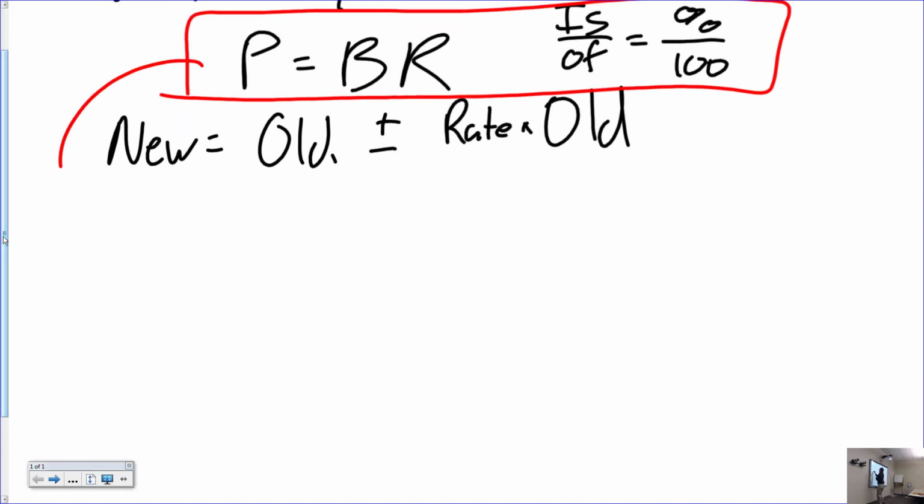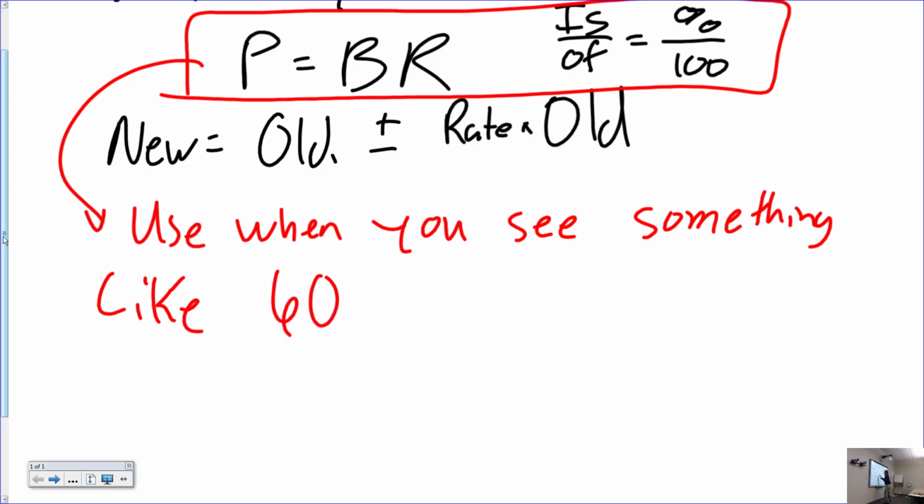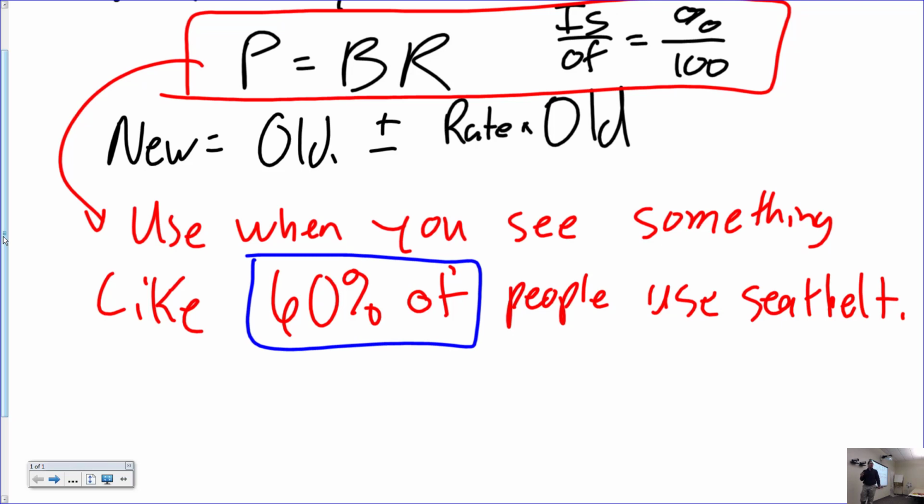Generally, it's this phrase right here that tells you that this is going to be a straight percentage problem.